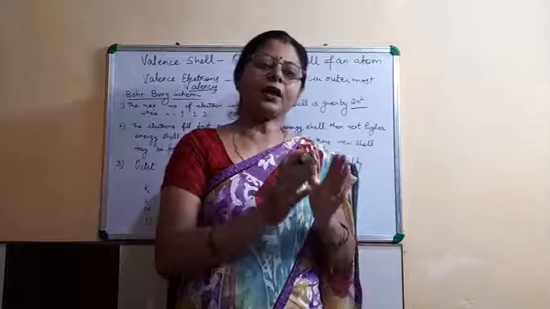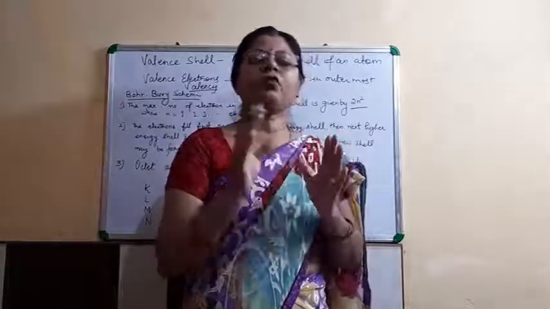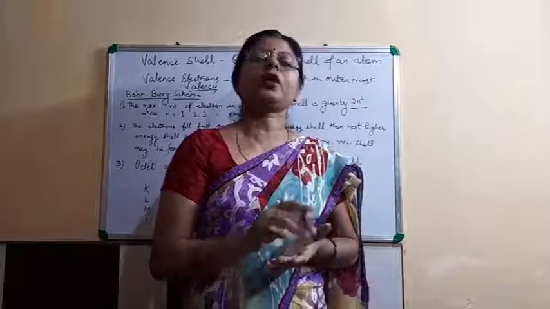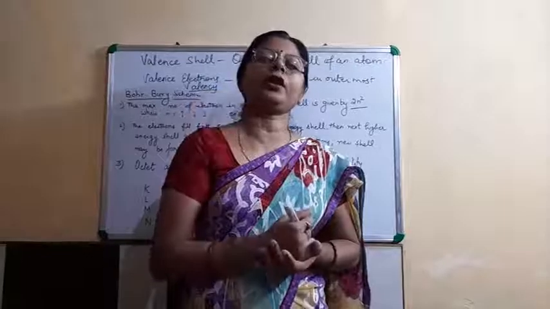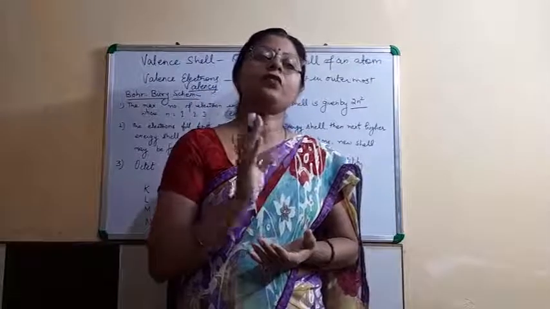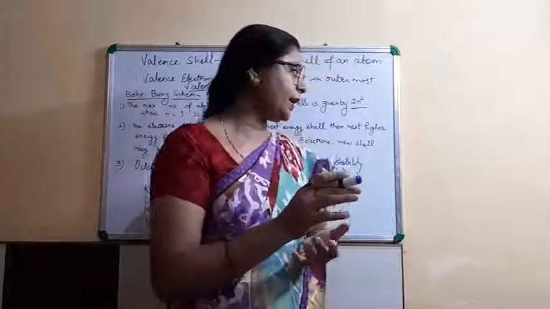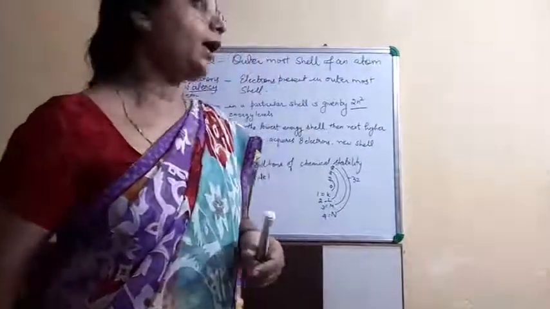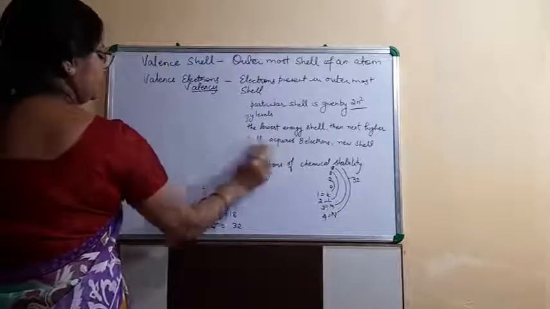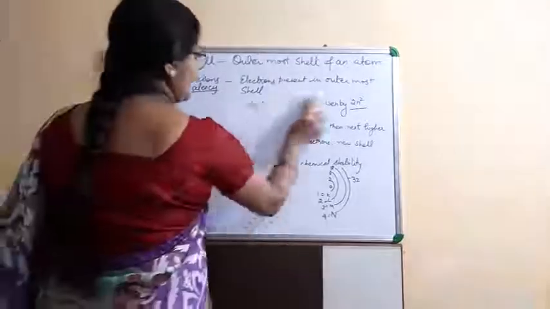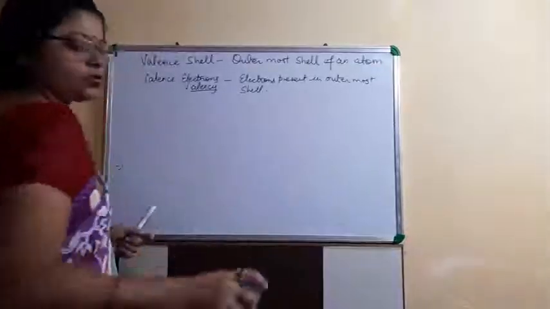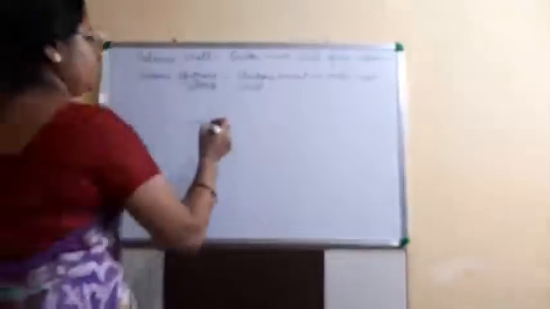As if an atom donates one electron, like sodium. Sodium gives one electron to a chlorine atom. So the valency of sodium is 1. Chlorine at the same time gains 1 electron, so the valency of the chlorine atom is also 1.